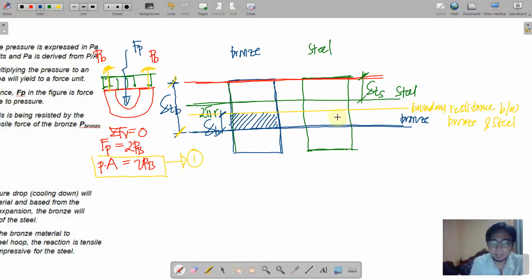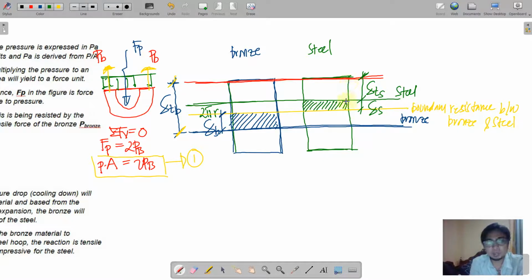Okay? And then, for the steel, this shaded portion here is delta steel. Okay? Why delta steel? This is a compression. No? So, aside from the contraction due to temperature, madadagdagan pa yung contraction niya. Kasi nga, iniipit ng outer. Yun. Madadagdagan ng compressive stress.